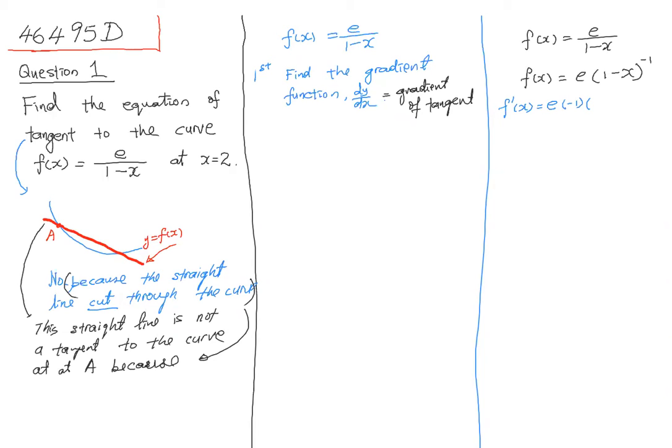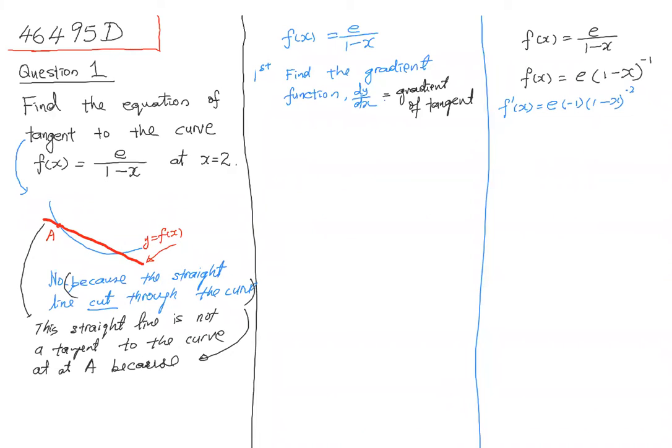Just tell me what to write. Open bracket 1 minus x, close bracket, to the power of negative 1, so that means negative 2. Yeah, you are right.